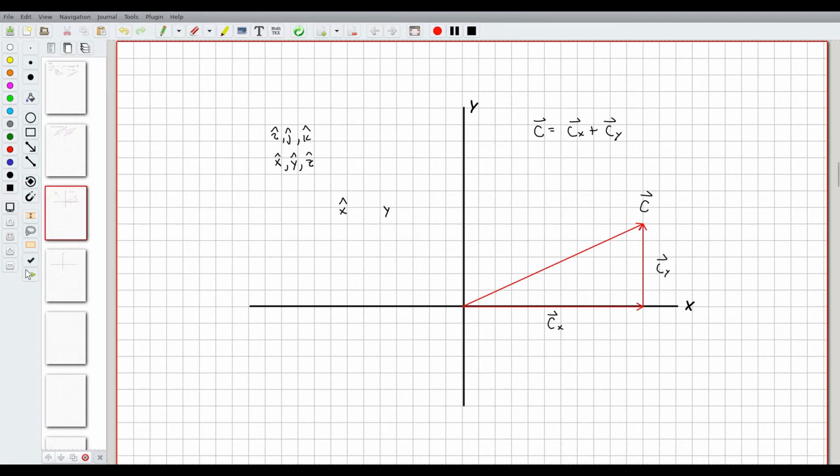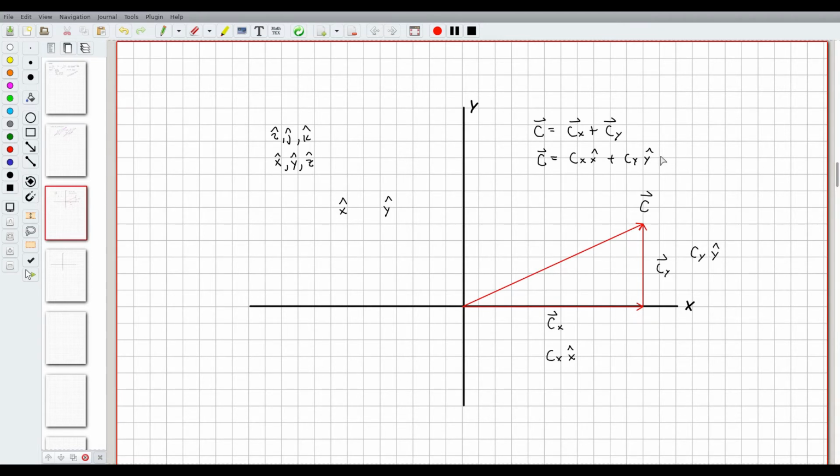When I say y hat, all that means is that I'm moving in the y direction. So if you think here of the length of this vector as being Cx in the x direction, and you think of the length of this vector right here as being Cy in the y direction, then one way you can visualize writing C is that it has an x part in the x direction and a y part in the y direction.